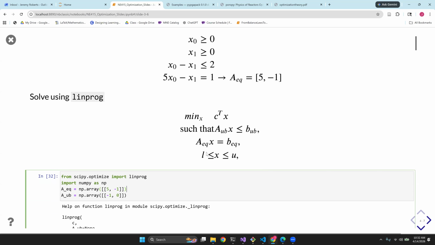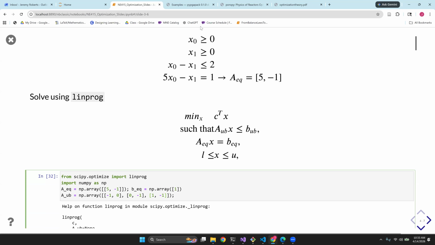And then actually I should probably do the b_eq too, because that's just 1 by 1. And then the second one would be 0, minus 1. The third one would be 1 and a minus 1.